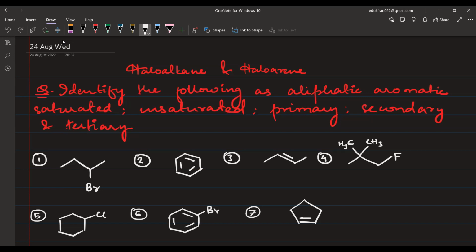This is nothing to do with Haloalkane and Haloarene. This is just terminologies that are used very often in organic chemistry. So all of these terms, you must have read or identified from the 11th standard only.